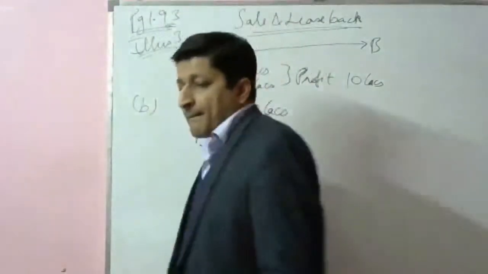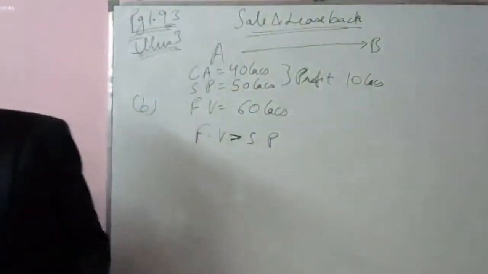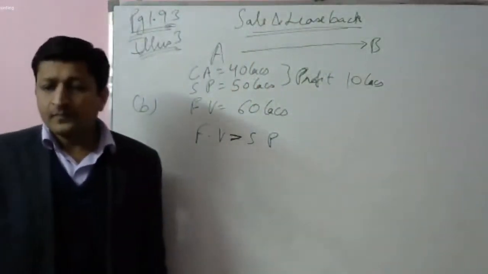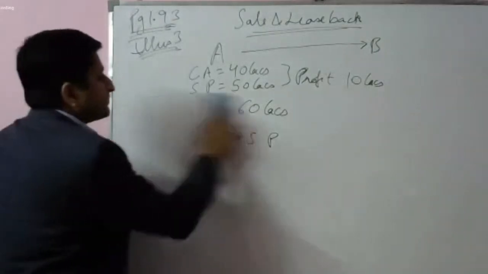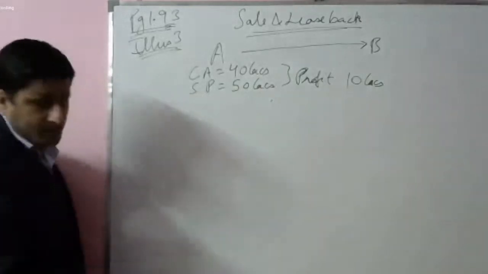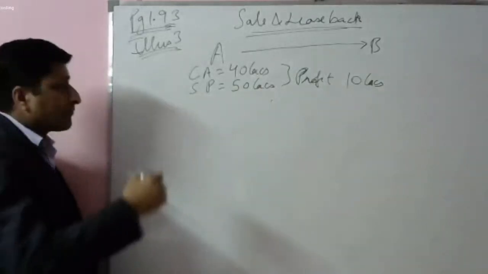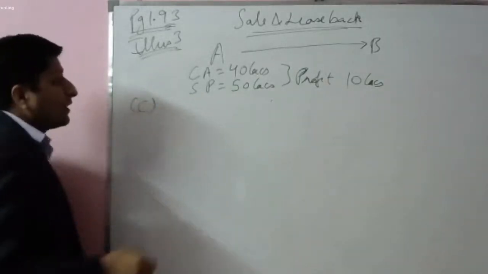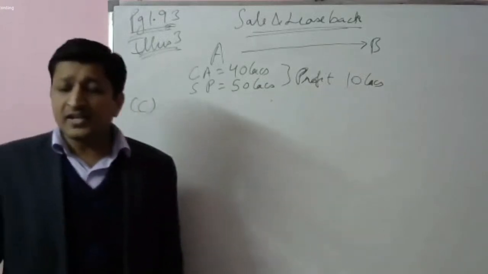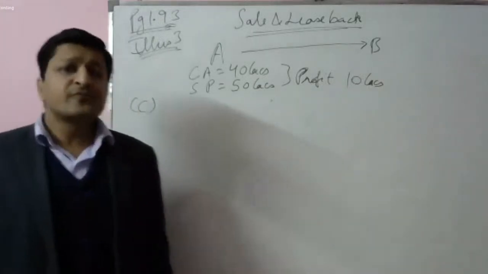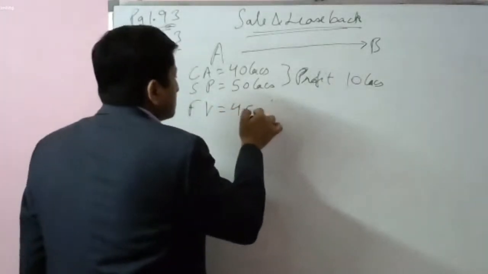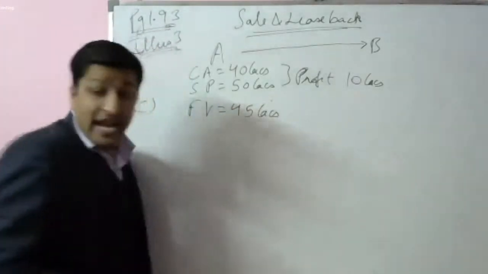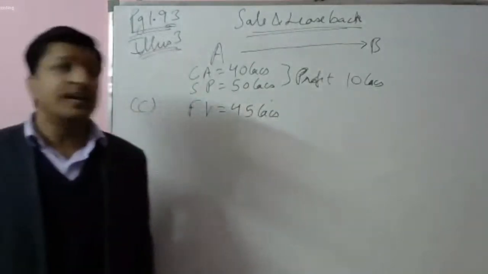Okay. Situation number C. In situation number C, they are saying fair value is 45 lakhs and the selling price is 38 lakhs.